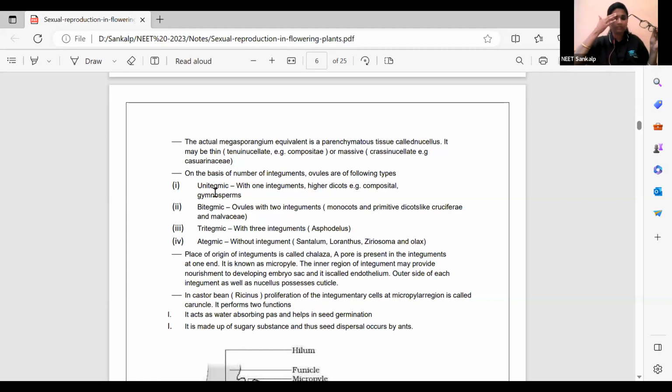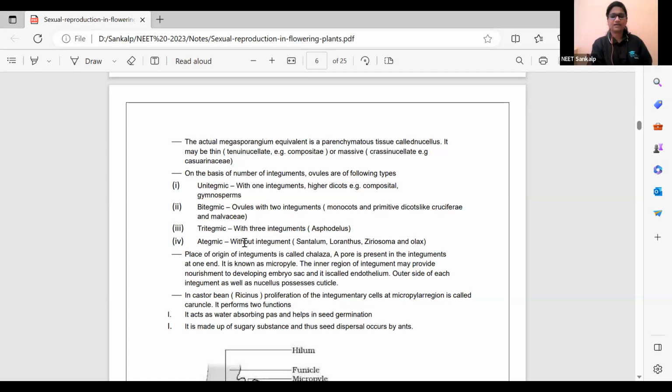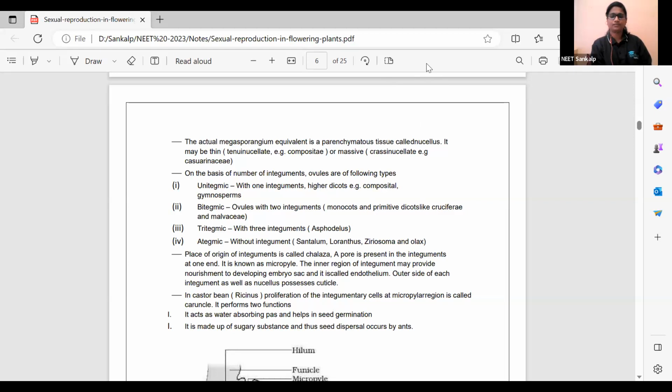Unitegmic, with one integument, in higher dicots, for example Compositae, and gymnosperms. Bitegmic, ovules with two integuments, in monocots and primitive dicots like Cruciferae and Malvaceae. Tritegmic, with three integuments, for example Asphodelus. Ategmic, without integuments, for example Santalum and Loranthus. Okay, thank you, Komala.